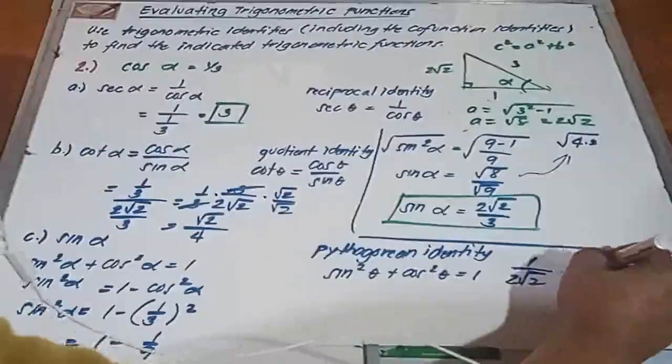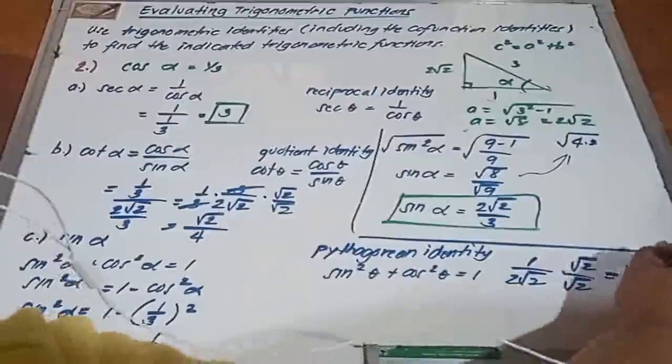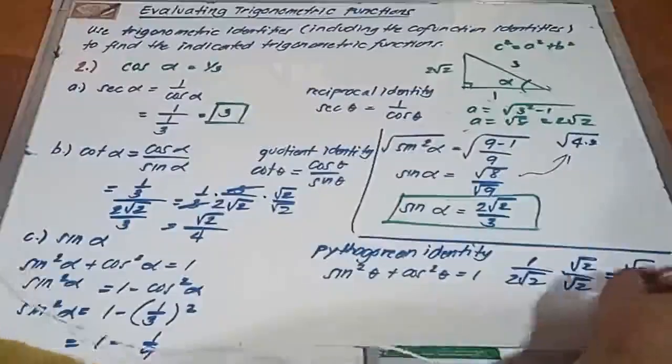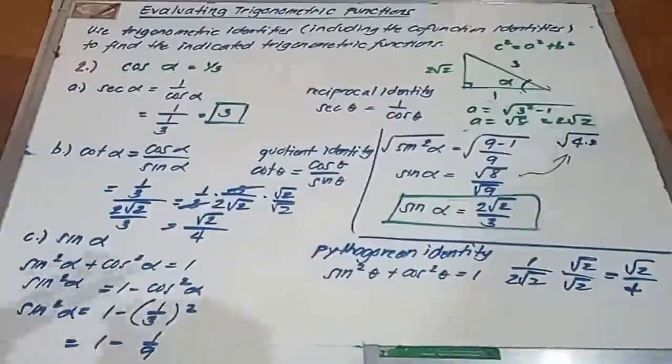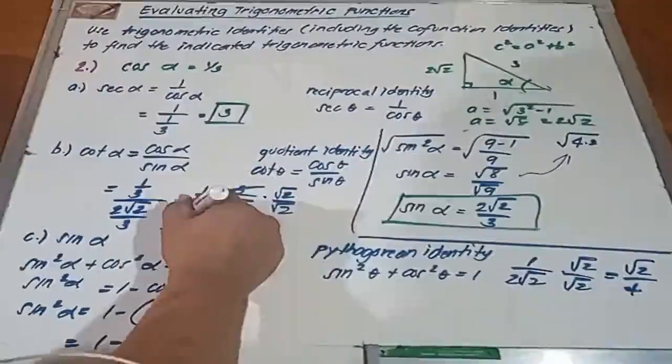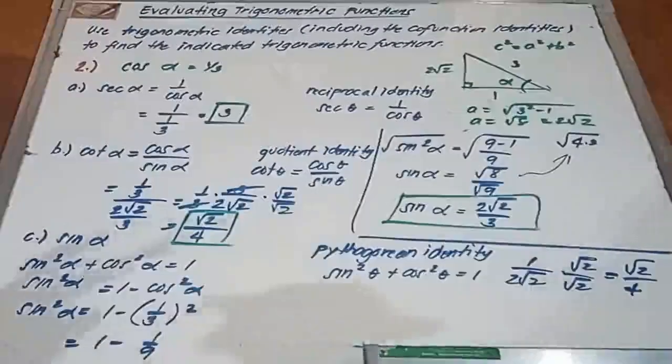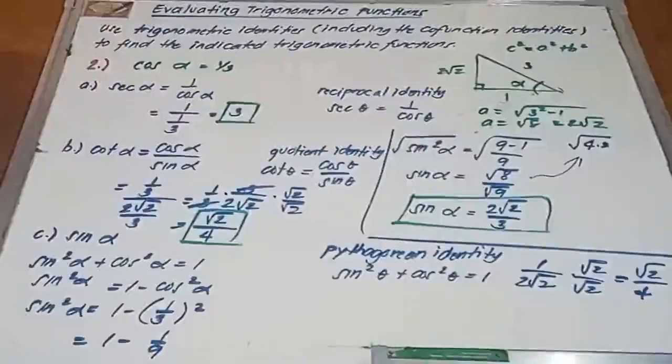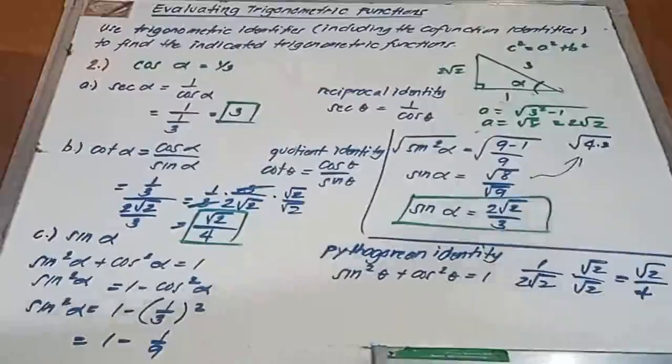Pag ni-rationalize yan, that's square root of 2 over 4. So, tama yung sagot natin dito sa cotangent. So, mas madali kung ang gagamitin natin ay yung ating 6 trigonometric functions at magko-construct tayo ng right triangle. But as I've said earlier, ang ating pinapagamit sa atin ay yung trigonometric identities and cofunction identities, probably para ma-familiarize na tayo dun sa mga trigonometric identities na to.